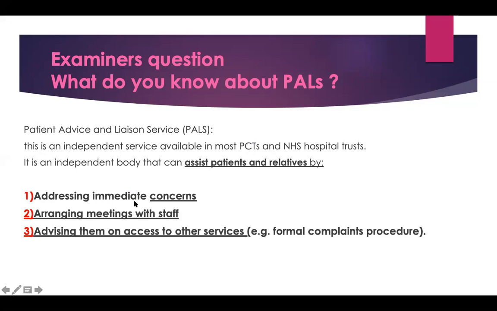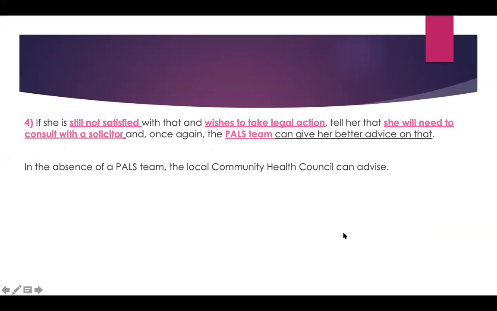They address immediate concerns of the patients, they arrange meeting with staff to solve the issue informally, first, internally, before any further escalation is made. If the patient is unhappy still and they want to take the issue further, they will give them advice on access to other services as the formal complaint procedures. And now I'll talk about the formal complaint procedure and how it's done.